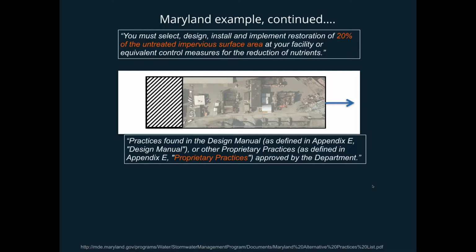Within here, they mention practices found in the state design manual for stormwater or other proprietary practices that they have a list of that have gone through their proposal or their certification verification program, and they put that on there. So keep in mind, those proprietary practices are designed for, meant for that 20% of your site, which is a regulatory limit to deal primarily with nutrients and to some aspect TSS.